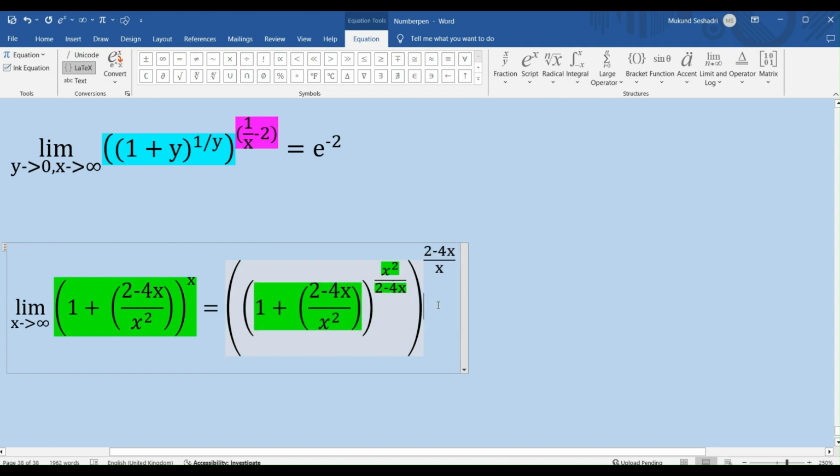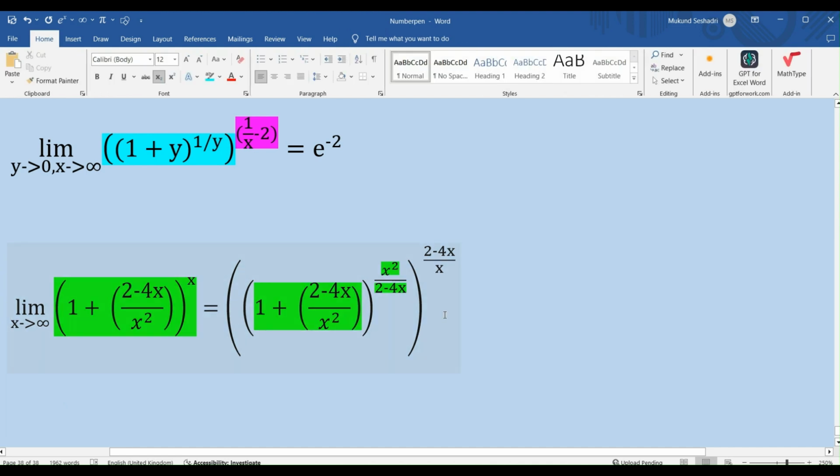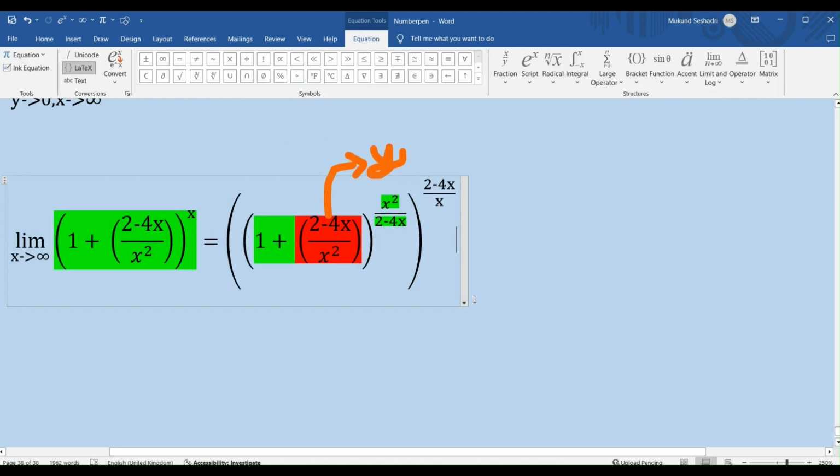And like my previous problem, I'm not going to spend a lot of time here. My first part is nothing but of the format 1 plus y to the power 1 by y, right? And so call this as y.